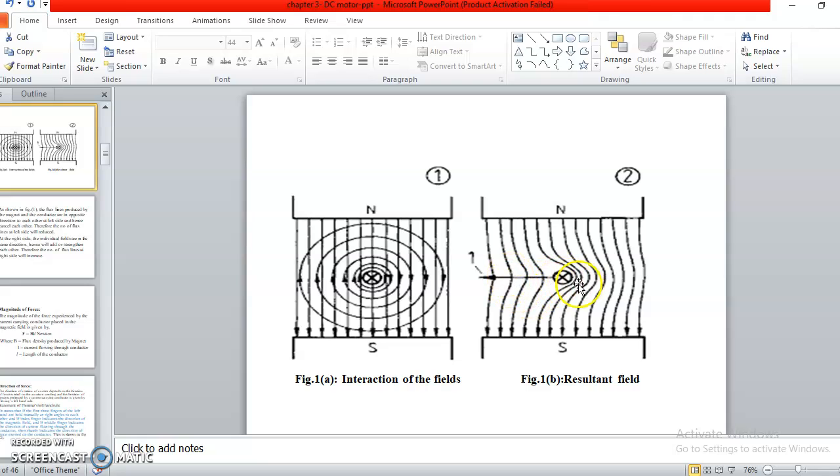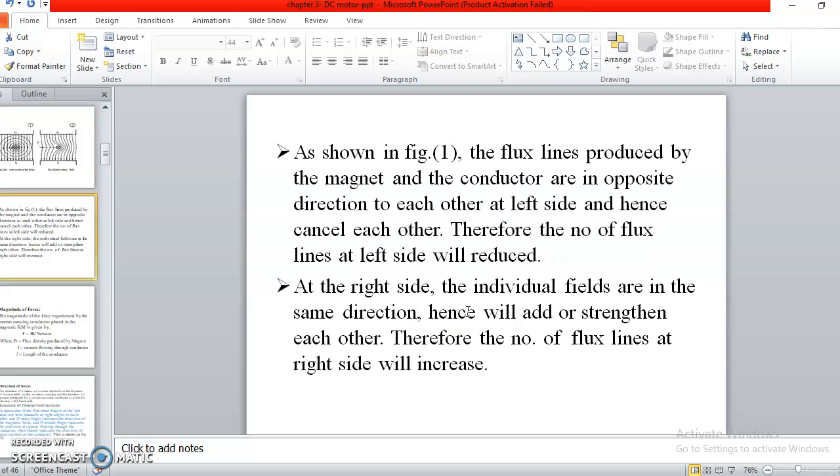Because of this it feels a force, because in one half the net magnetic flux is reduced, and here addition takes place. This creates a force, and that direction is given by this arrow. So this current carrying conductor feels a force and it starts rotating.